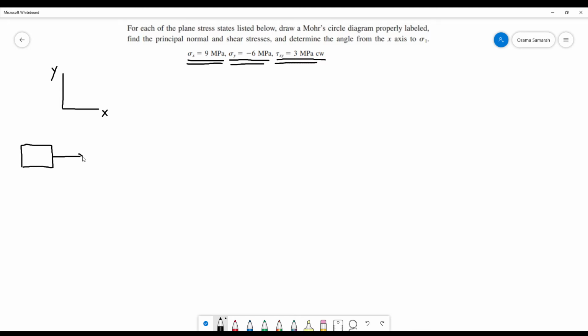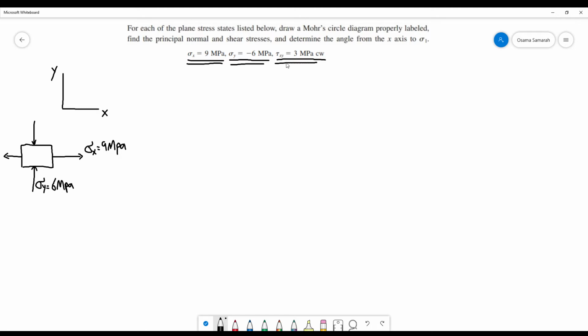So sigma x is equal to 9 megapascals, and sigma y, since it's negative, it's a compressive stress, we can show it on the stress element like that. So sigma y is equal to 6 megapascals. We can drop the negative sign because we already showed that sigma y is a compressive stress.